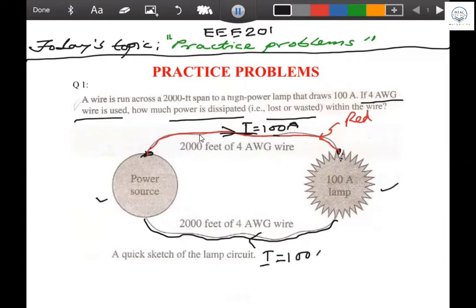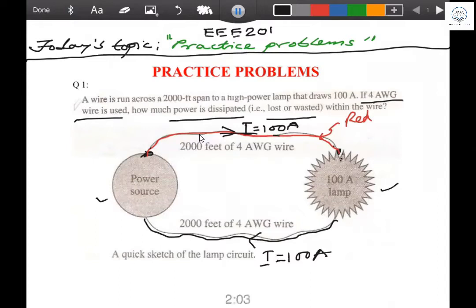That means 100 ampere current is flowing through this red as well as black, and these two are combined together. In your house wiring system, you can see these two wires going together. So the red is the live and black is the neutral. I think everybody knows that.